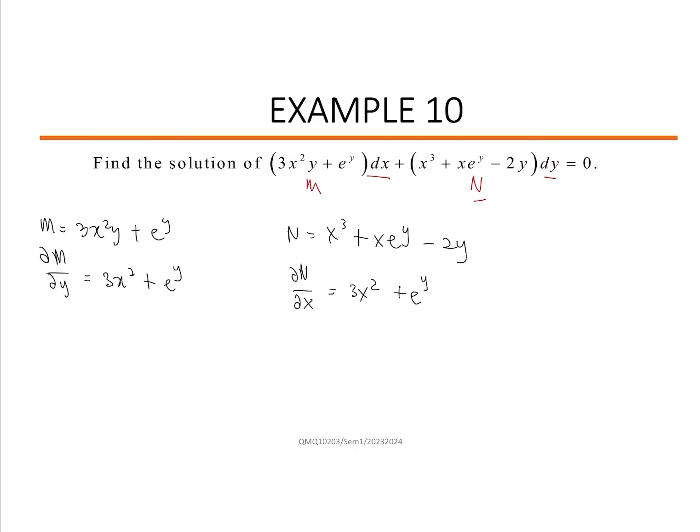So we found that del M over del y is equal to del N over del x. The conclusion is that this is an exact equation. Because it is an exact equation, we can solve it by using the exact equation method. Let's remember how to solve the exact equation.